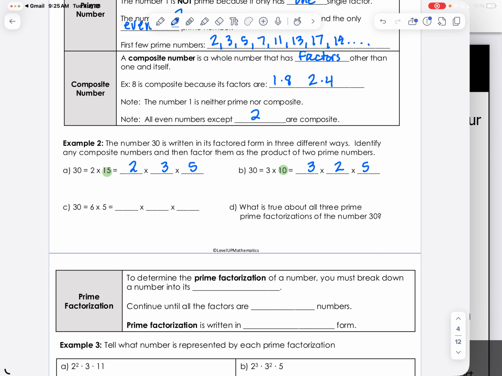Okay, another way we could factor 30 is equal to 6 times 5. So this time our composite number is coming first, and that's the number 6. So if I want to write 6 as the product of two prime numbers, I would use 2 times 3 times 5.